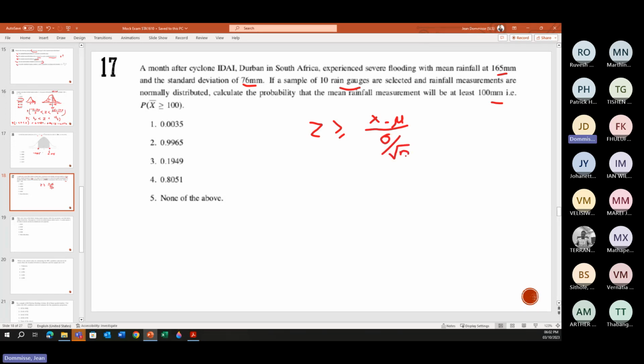And the reason why I wanted to talk about the T and the Z: when did we start looking at your T distribution, and what is the reason for the T? In this instance, T is for confidence intervals.